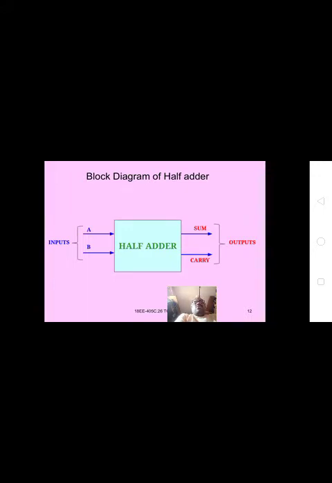Inputs are represented by two variables, capital A and capital B, and we get the outputs sum and carry. This is the simple block diagram of the half adder. Please write on paper: inputs A, B and outputs sum, carry.